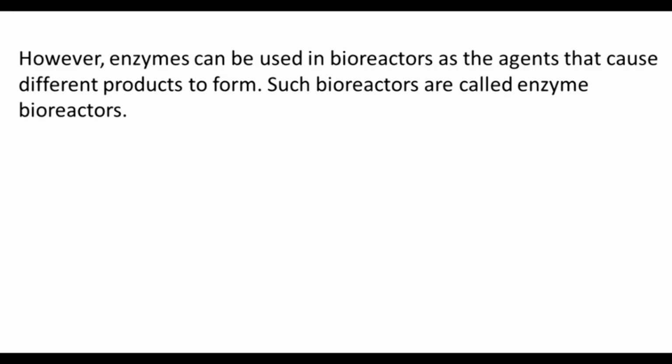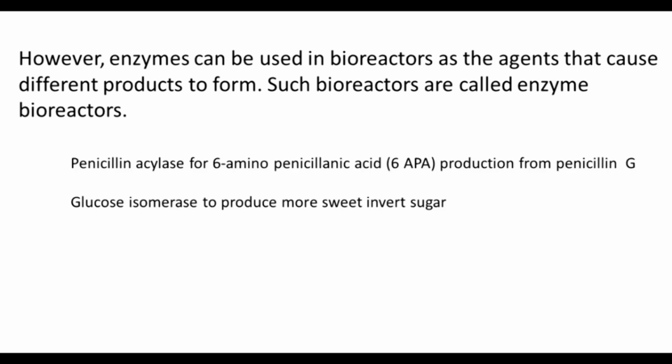As was mentioned previously, enzymes can be used in the bioreactors as the agents that cause different products to form. And there is a special name for that bioreactor. Such bioreactors are called enzyme bioreactors.